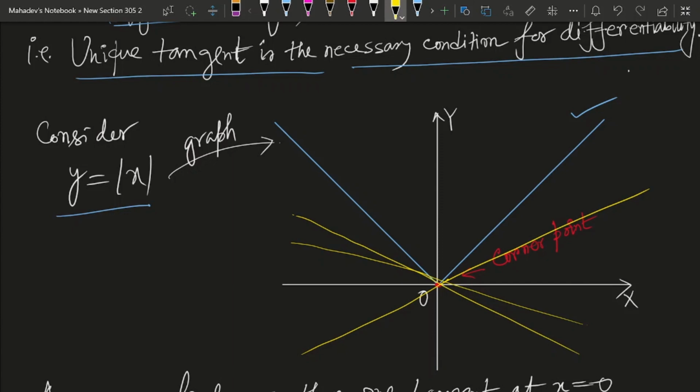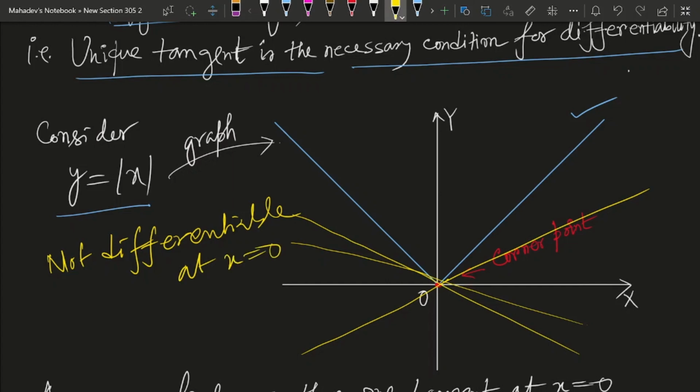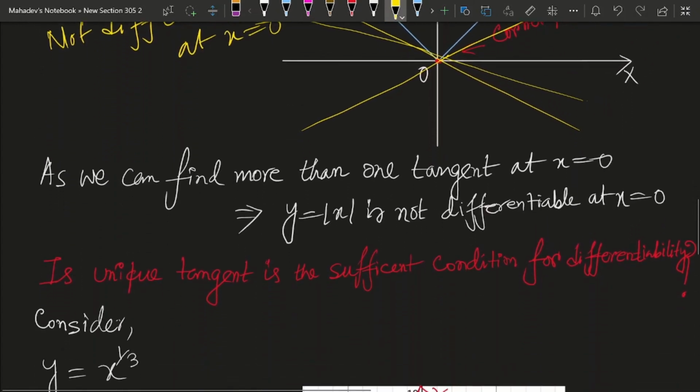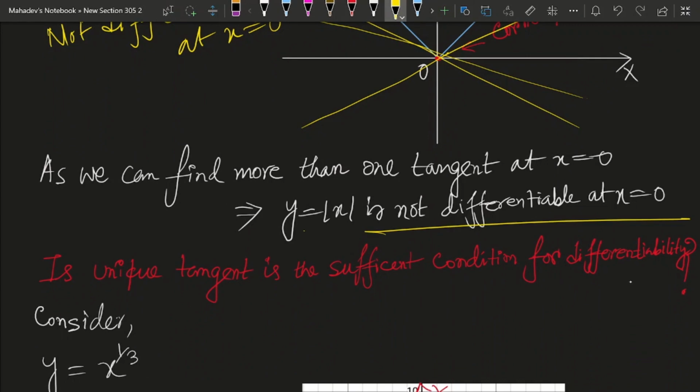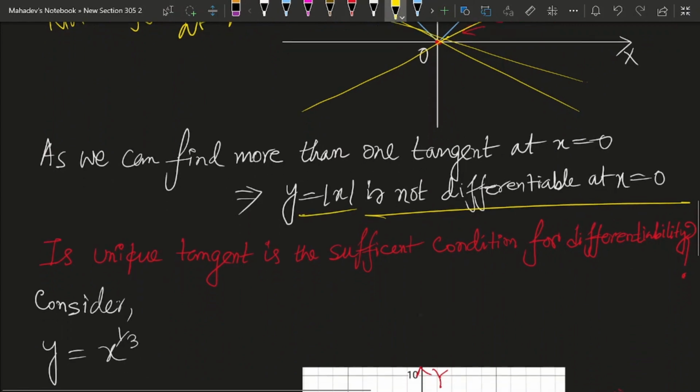You can also verify by the left hand derivative and right hand derivative. So f(x) equals mod x is not differentiable at x equals 0.